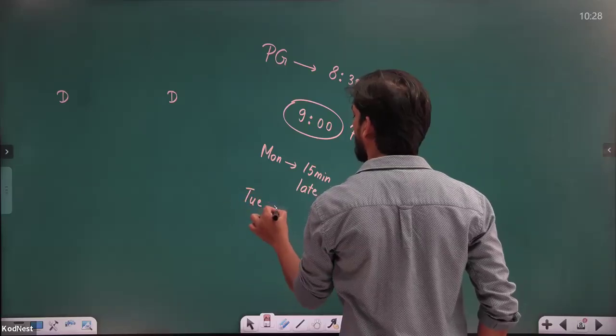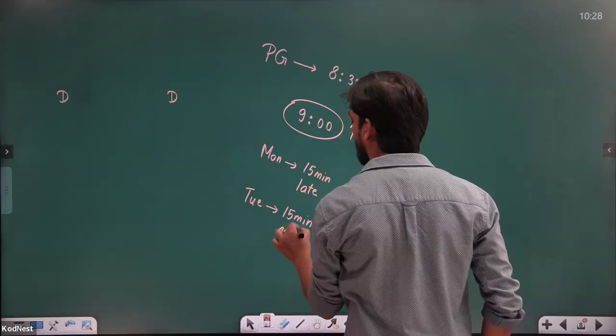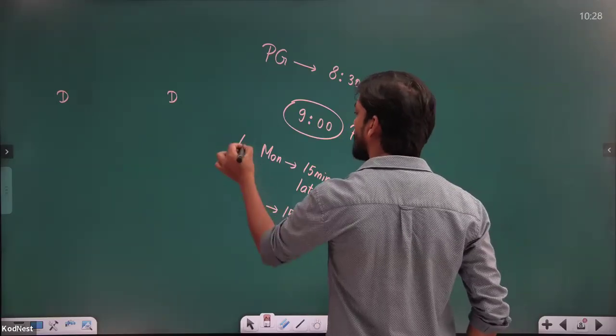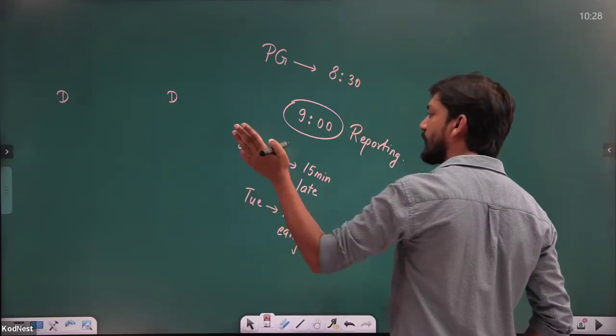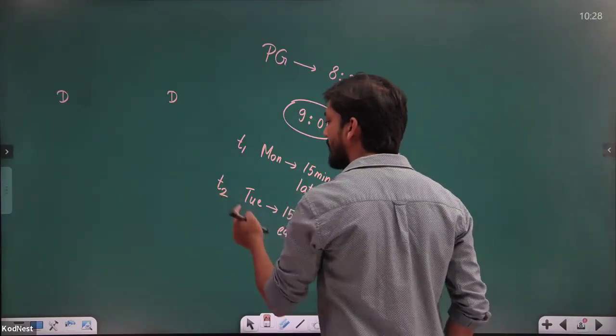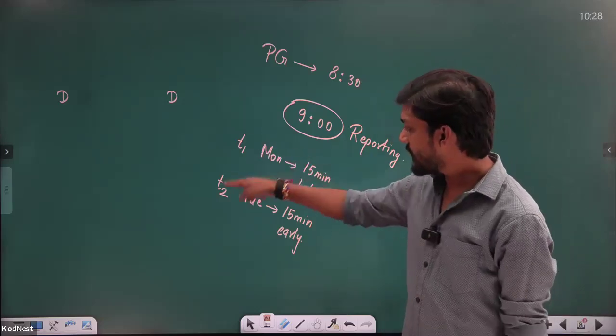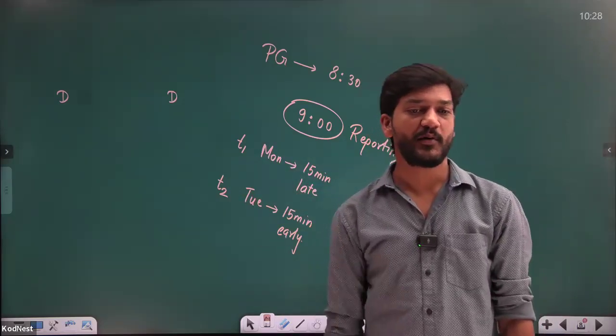Tuesday, you are 15 minutes early to the class. So I'm saying the time taken on Monday to reach from PG to center, and T2, the time taken from PG to the KodNest center. How much is the difference of these two values? This is what I'm asking.